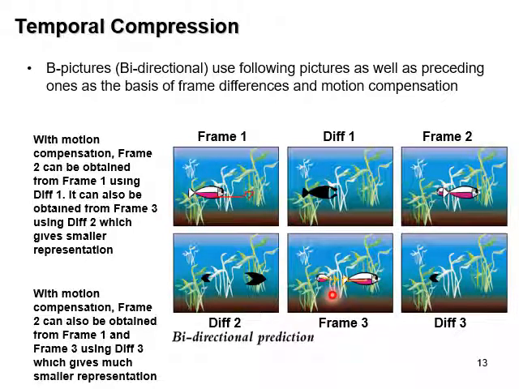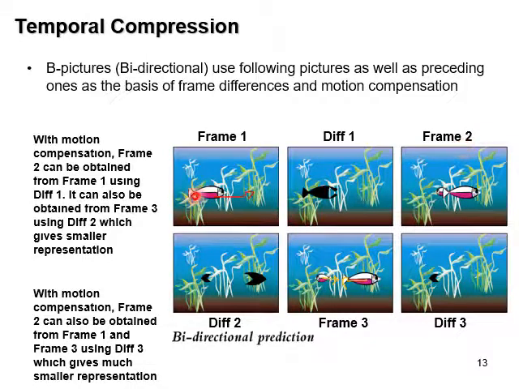So what was covered in frame 1 and frame 3, both of them, you see where the big fish is and where the small fish is, the only part that was covered in both cases by the big and the small fish is this little part. So therefore, this is what we only need to store in frame number 2. If you store this and store the motion vector for the big fish and the motion vector for the small fish from frame number 3, you will get this frame, right?